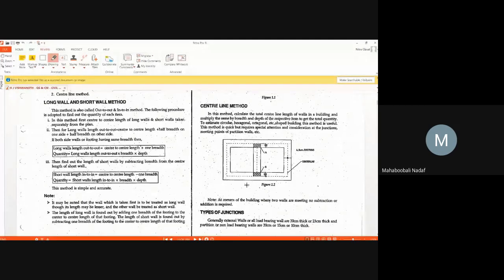There has to be a correction for junctions. So how is that correction denoted? From the center to center line, minus the number of junctions into half of the breadth of that particular item.